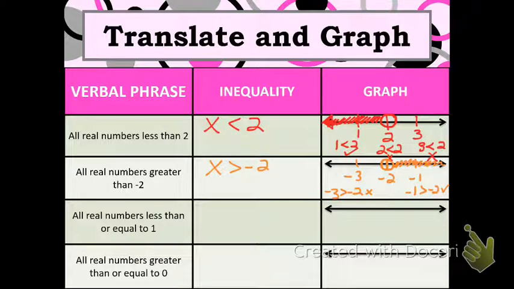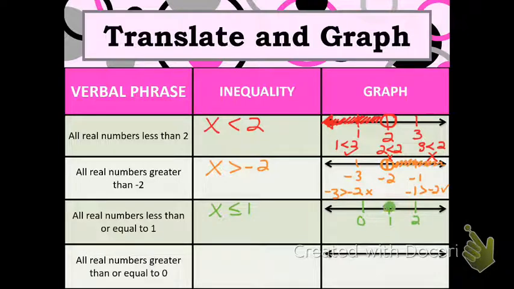Next we have all real numbers less than or equal to 1. So x is less than or equal to 1. Again, that boundary number, that 1, is what goes in the middle of my number line. I include one number larger than that on the right and one number smaller on the left. This time there is an equal to sign as part of my inequality.